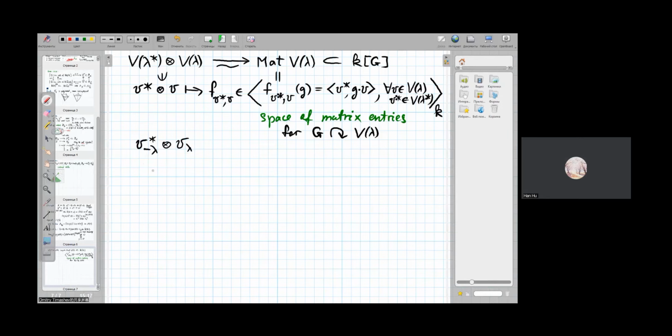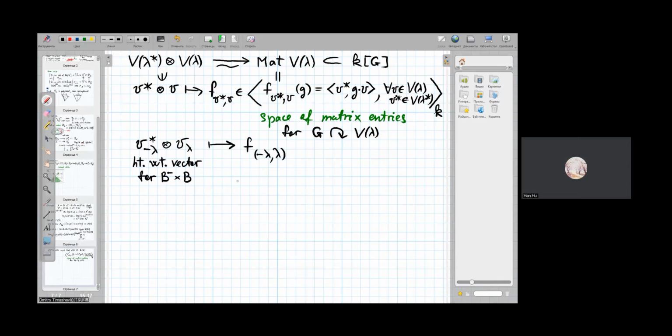So the lowest weight vector for B is the same as the highest weight vector for B minus. So this is the highest weight vector for B minus cross B. And this highest weight vector maps to a B minus cross B semi-invariant function of eigenweight minus lambda, comma lambda.